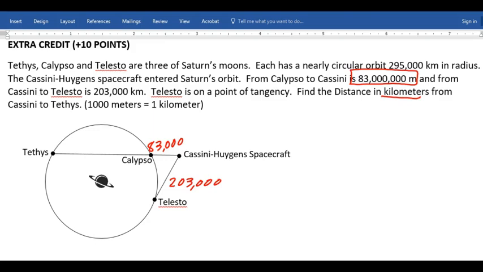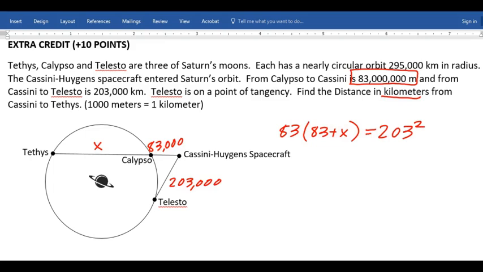And y'all, I'm going to make the distance from Tethys to Calypso x up here. So we're going to do outside times whole and set that equal to our tangent squared. So we're going to do 83, and I'm just going to do the 83 times 83 plus x. And then I'll put the zeros back on it when I'm done. And then we're going to set that equal to the 203 squared.